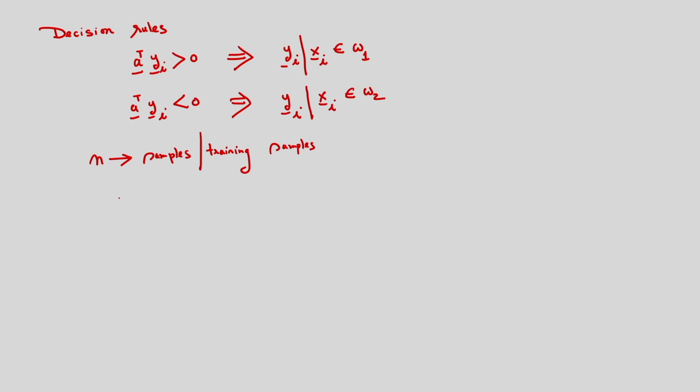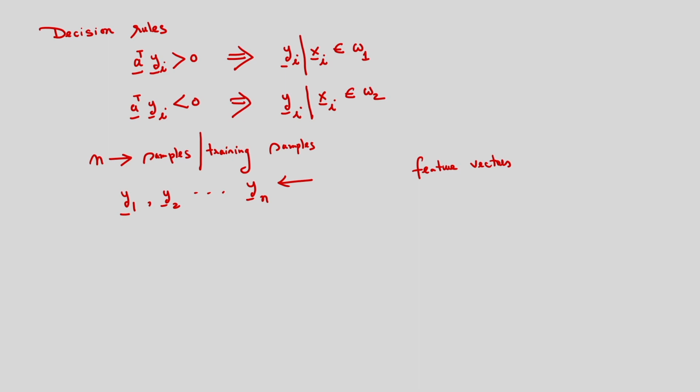Corresponding to this, suppose I have the augmented feature vectors y1, y2, up to yn. Some of these augmented feature vectors are labeled as omega 1, and some are labeled as omega 2.